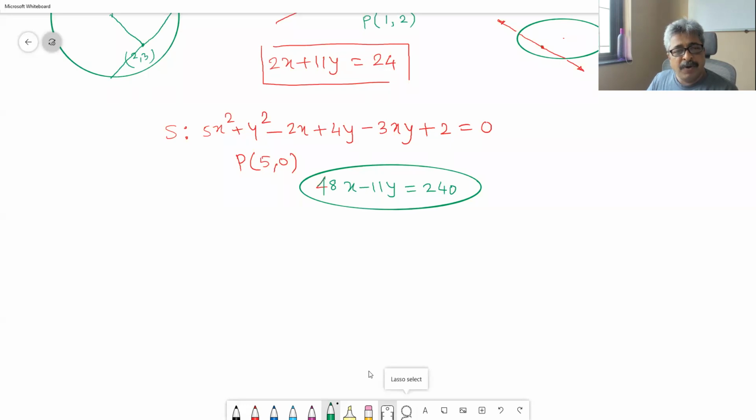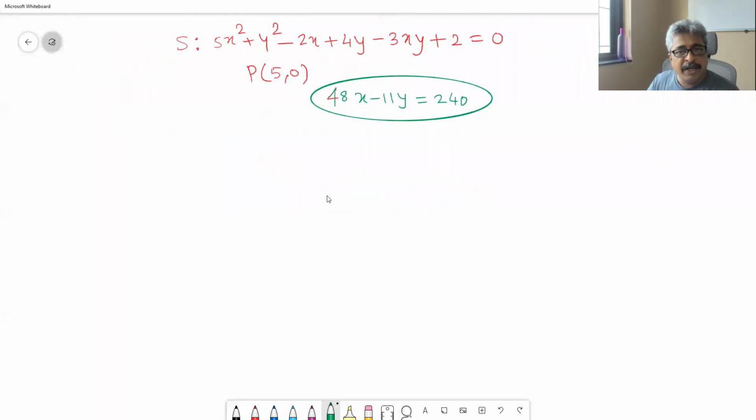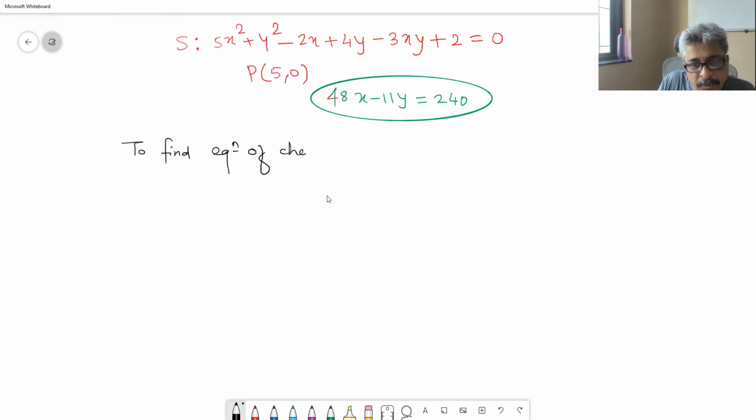So we want to find the equation of a chord in terms of its midpoint.